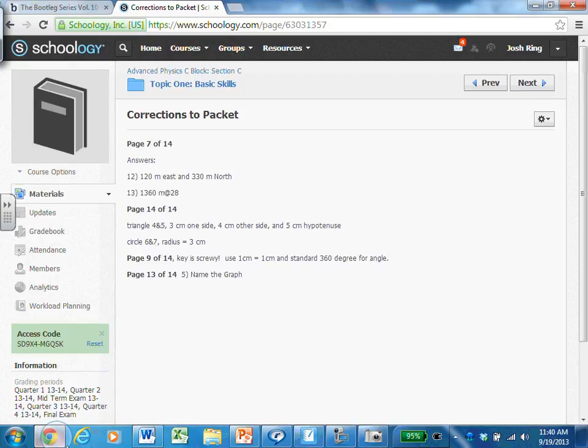So if we look at the corrections, it says some questions to the answers on 7 of 14 are wrong. Page 14 of 14, some information was left off. 9 of 14, the key is screwy. Use 1 centimeter equals 1 centimeter and standard 360 degrees for the angle.